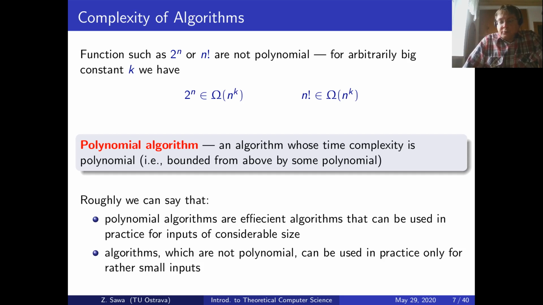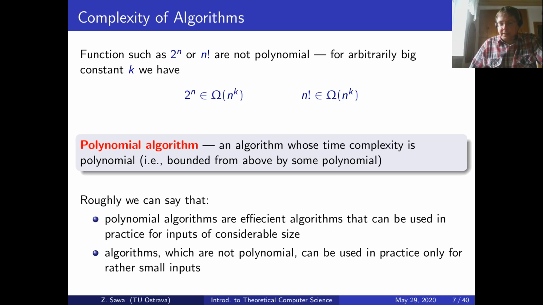And it can also happen that for some problems, even exponential complexity like 2 to n could be reasonable for the types of instances for which we want to solve it: if we want to solve it for small instances, or for instances on which it runs much faster than 2 to n.